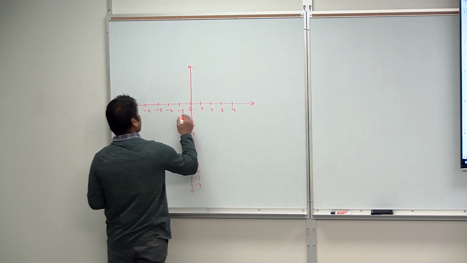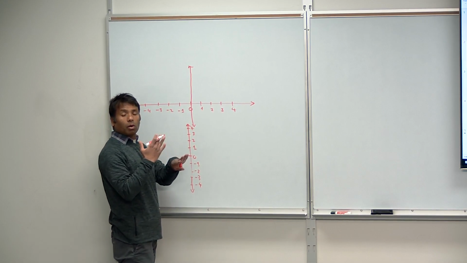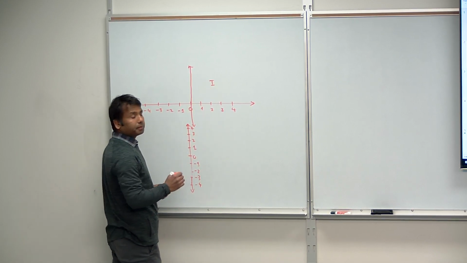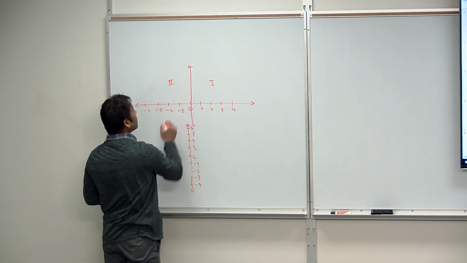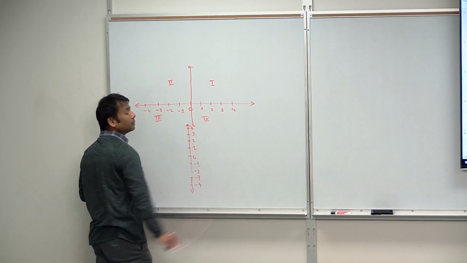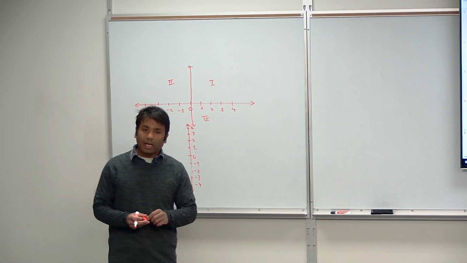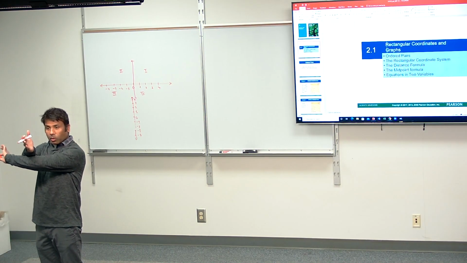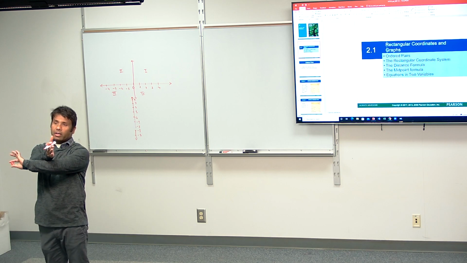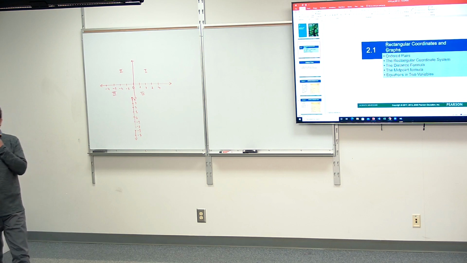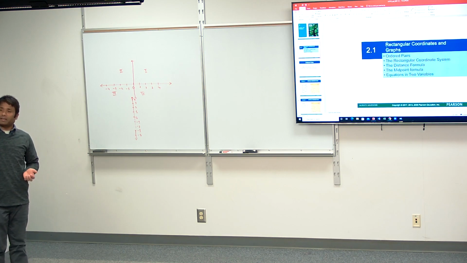Now they divide the whole plane into 4 equal parts. So this is first, this is second, this is third, and this is fourth. You see that? Right? Then they divide the whole plane into 4 equal parts.